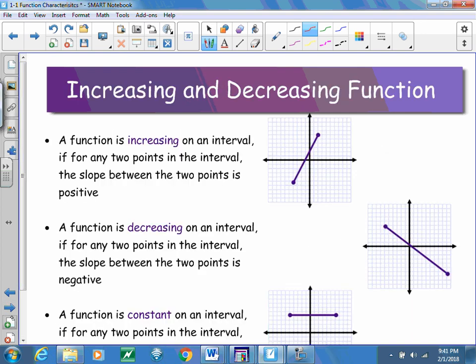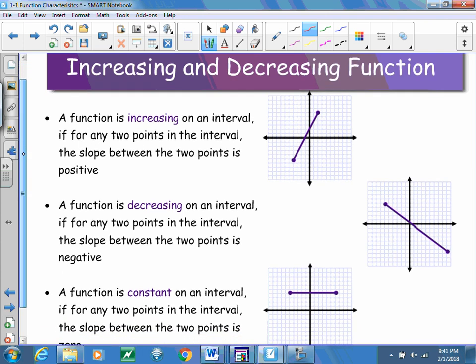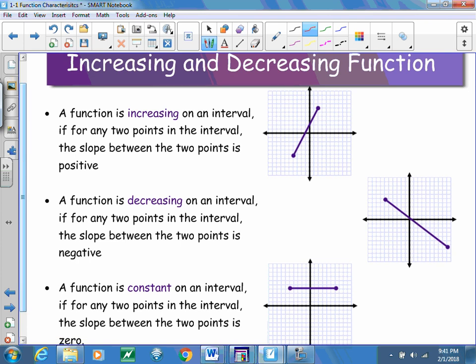All right, talking about increasing and decreasing parts of a function. Increasing, something's going up. Decreasing, something's going down. A function is increasing on an interval if for any 2 points of the interval, the slope between those 2 points is positive. So you'll notice that on my graph here, I have 2 points and it's going uphill.